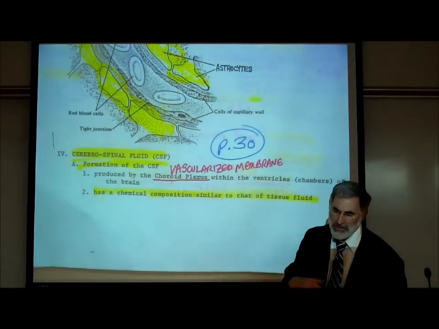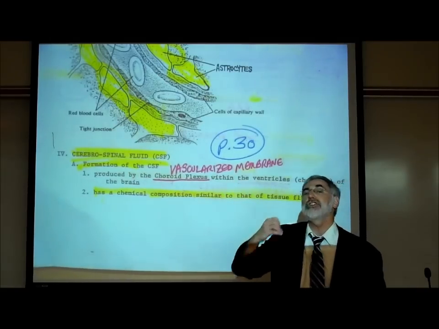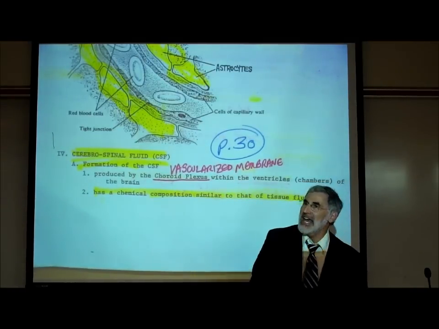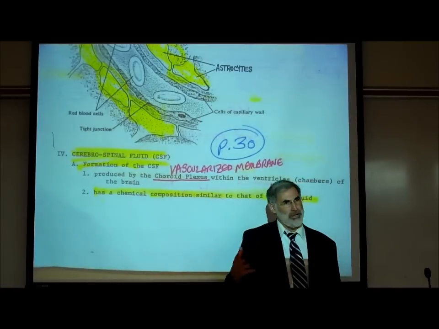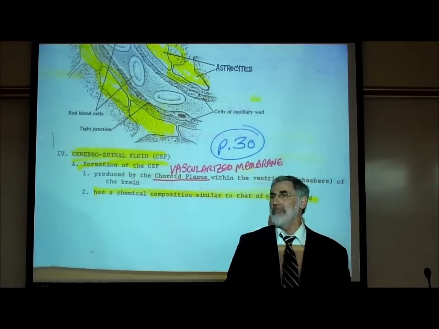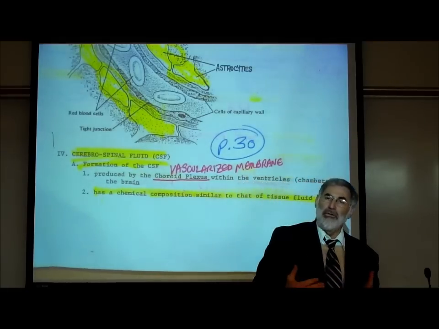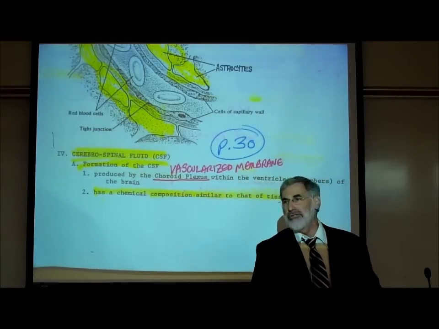Now, something that you learn about in anatomy that's very similar is the synovial membrane. In anatomy, when you were learning about synovial joints, you learned that there are these movable joints in the body that have a vascularized membrane called the synovial membrane that forms a fluid called synovial fluid.